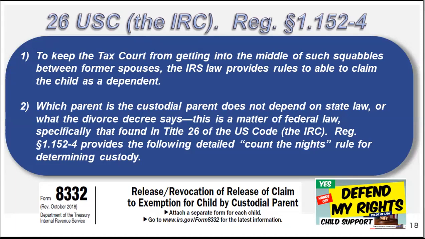And so the IRS did not want to get involved in that. So they created this section of the law, including other sections of the law, where regardless of who has custody of the child, based on state law or based on their divorce decree or settlement, the IRS will allow the non-custodial parent with this form to claim the child.